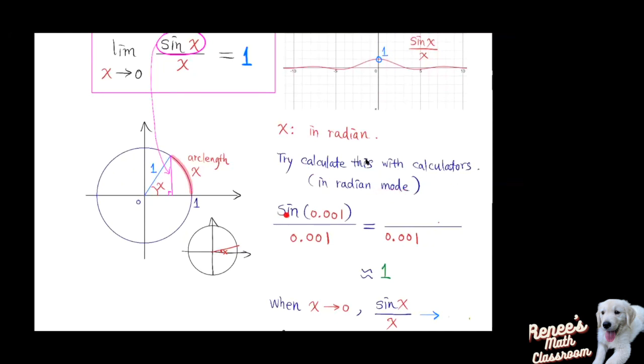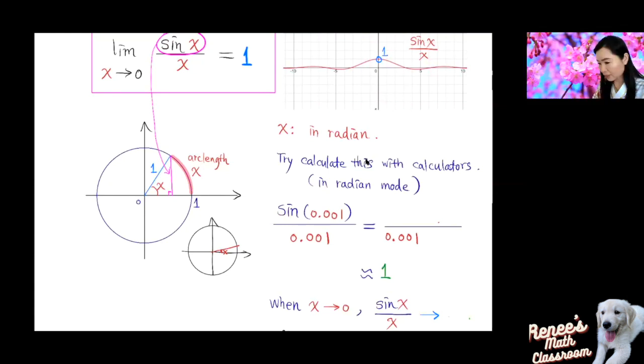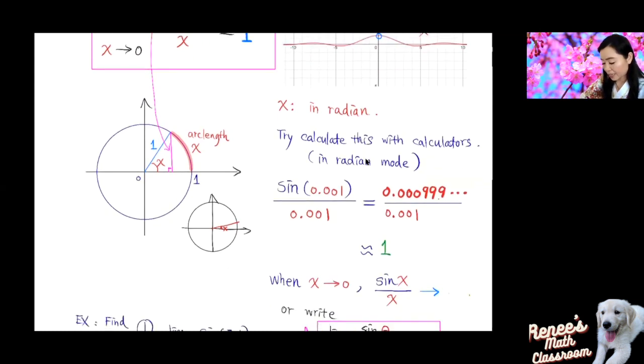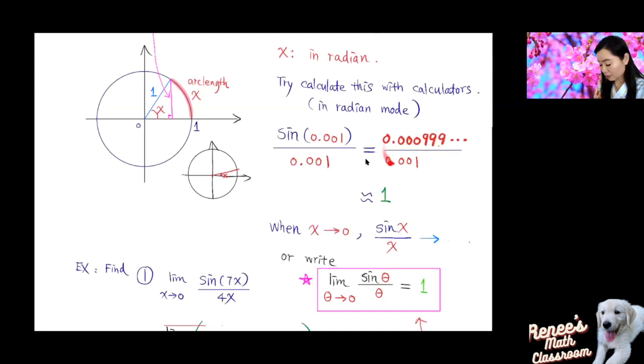If you have sine of 0.001, and I think last time some of you helped me calculate this, it turned out to be 0.000999, etc. Now dividing by 0.001, this quotient is about equal to 1.